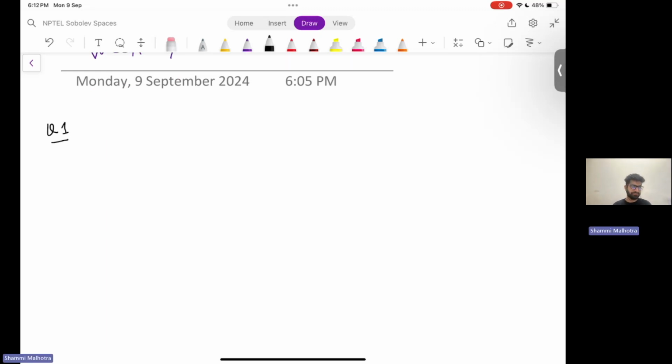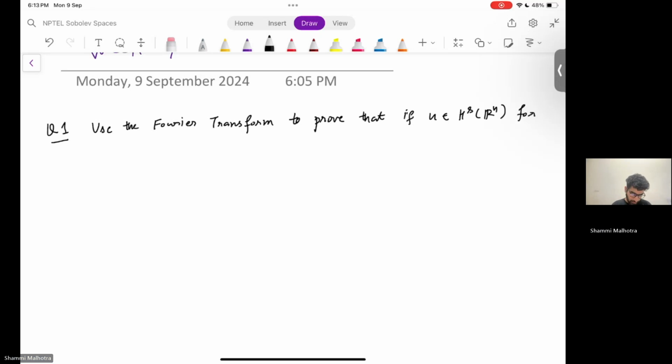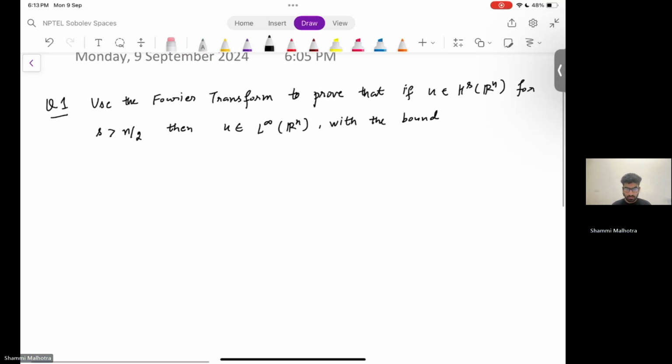The first question is: use the Fourier transform to prove that if u belongs to HS of Rn for s greater than n by 2, then u belongs to L infinity of Rn, with the bound that the L infinity norm of u is less than or equal to some constant times the HS norm of u.